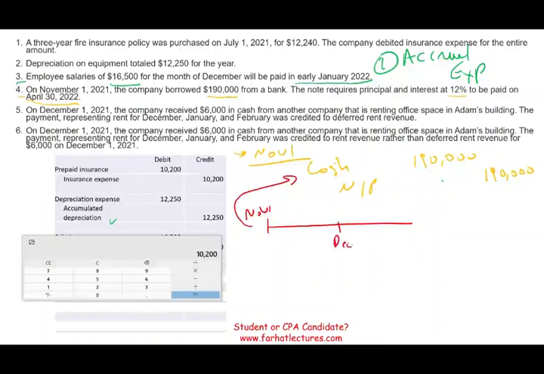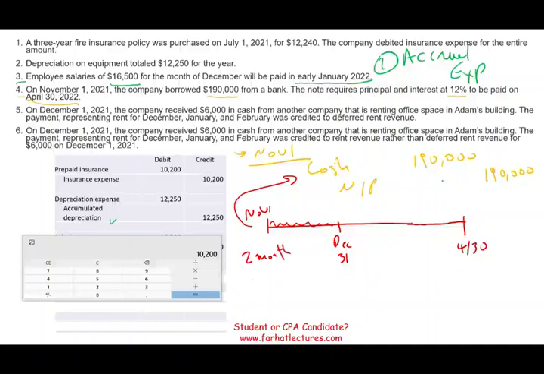Then we're going to have to make an adjusting entry December 31st. Then we are going to pay off the loan April 30th. Okay, so this is what happened. First, we did this entry. Now, from November 1st till December 31st, we have all of November and all of December. The loan accrued interest for 2 months.